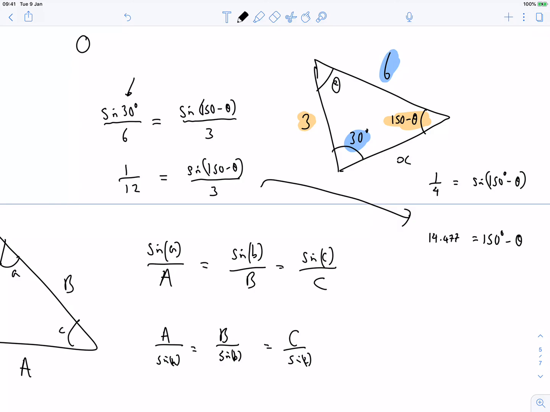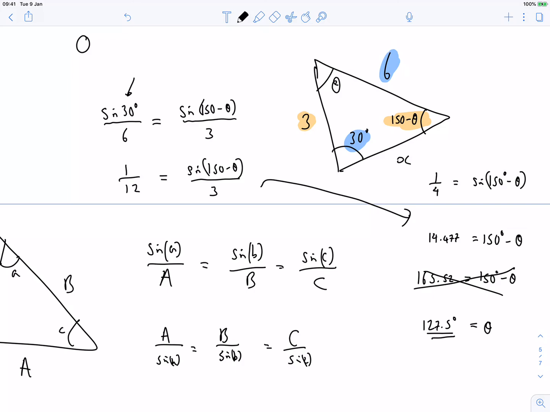Or it could very well be the ambiguous case, so it could be 180 minus that, so it could be 165.52. But this is clearly silly because then theta would have to be negative, so it's not that. So it looks like this. So 150 minus theta, if I add theta to both sides and do 150 minus that, then I will get theta is approximately 127.5 degrees.